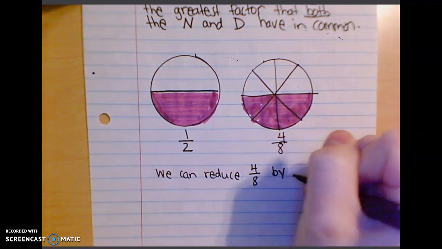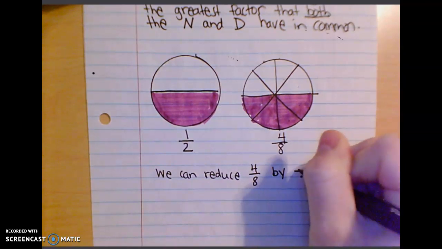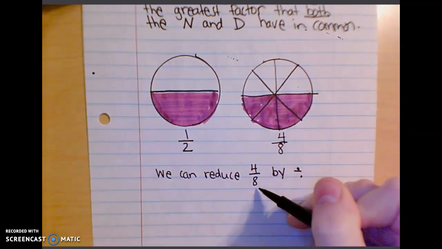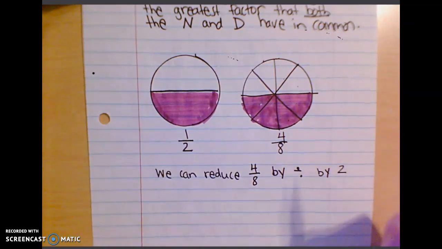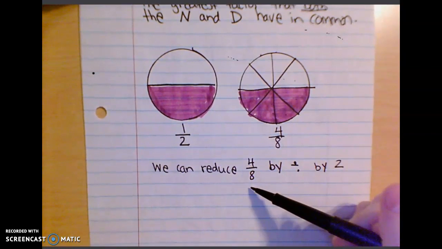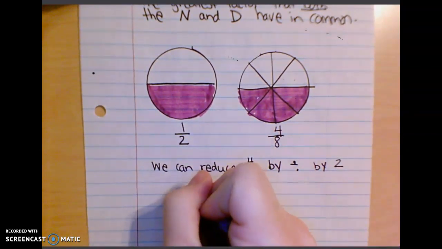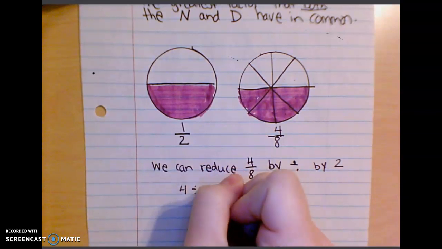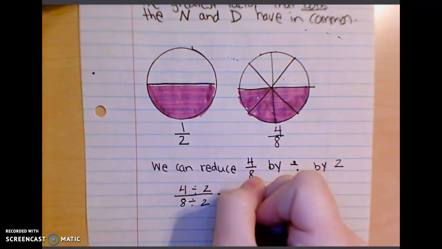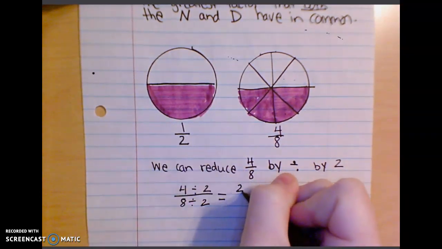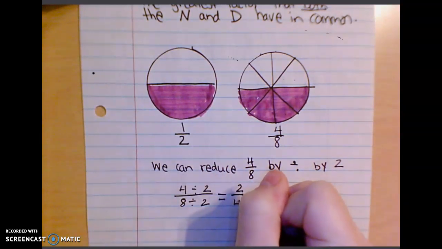So we can reduce 4/8 by dividing 4 and 8 by 2. We're going to divide both our numerator and denominator by the same number. So 4 divided by 2, and then 8 divided by 2. 2 will go into 4 twice. 2 will go into 8 4 times.